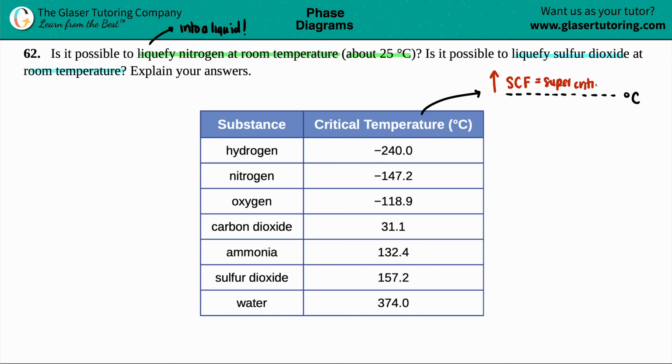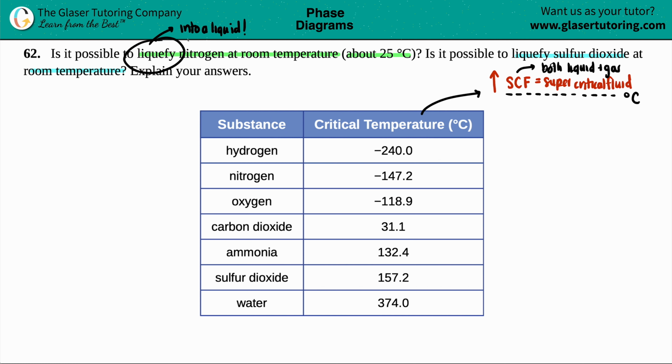Supercritical fluid. Now, a supercritical fluid is basically an intermediate between a substance that has both liquid and gas properties. So this will have both liquid and gas properties. It's not a pure liquid.